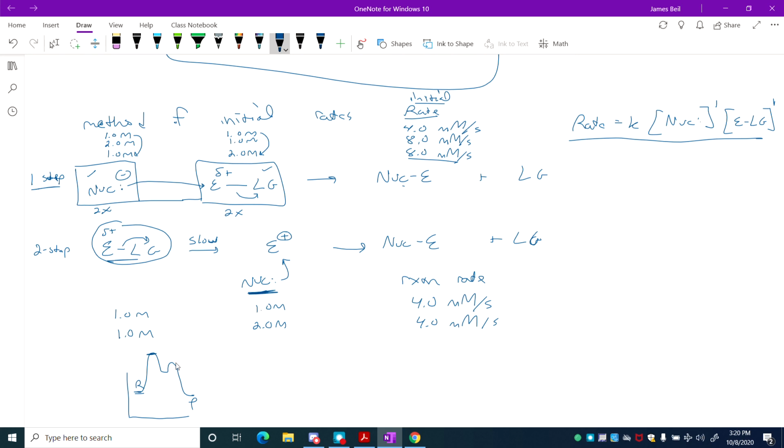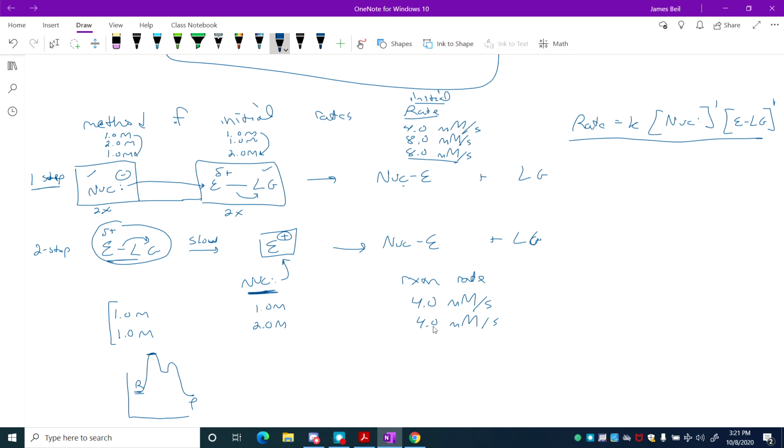Increasing the amount of nucleophile only speeds up the steps that the nucleophile is involved in colliding. If I still have the same molarity of this, it's still breaking apart. The leaving group's leaving at the same rate, as many times per second as it would have otherwise, because I haven't changed that. And if it's happening at the same rate, even if I speed up the second step, I'm still only producing product as often as the first step can give me intermediate.